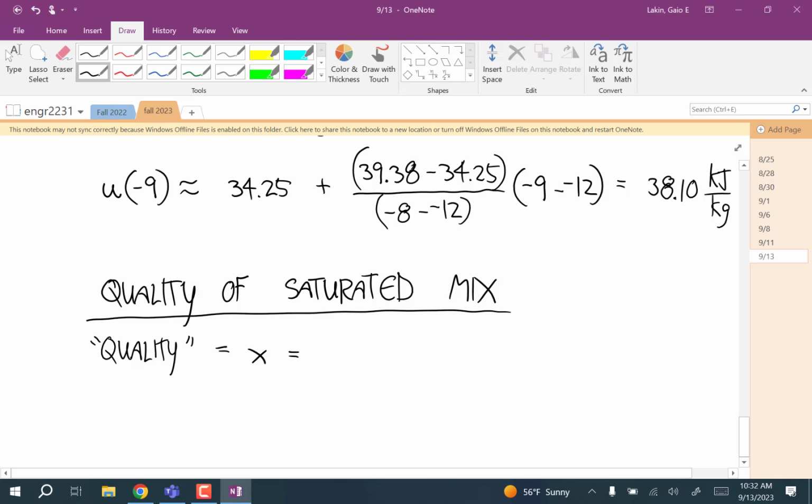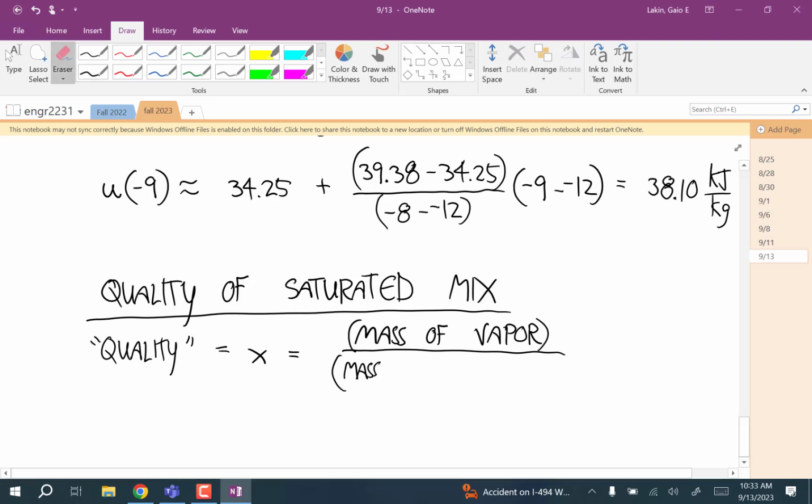And the definition of it is the mass of a vapor divided by the total mass.